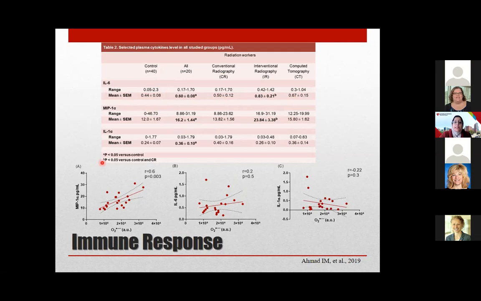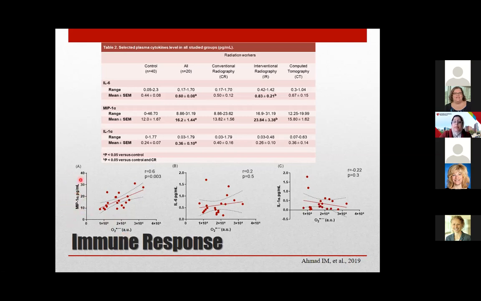Of these 3 cytokines, only the MIP-1 alpha showed a positive correlation with the superoxide level, okay? Now, as I mentioned before, when we did the dose-response relationship for the superoxide level, we saw a threshold dose-response relationship.